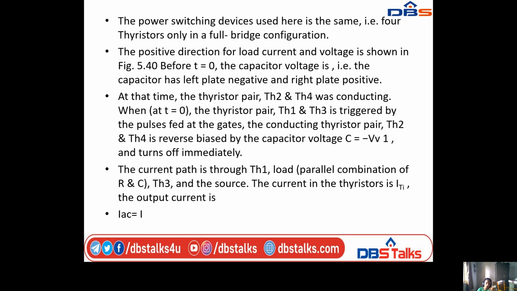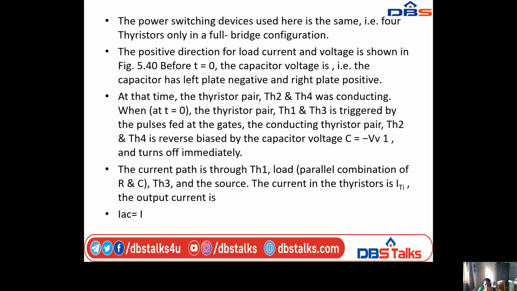So at starting, TH2 and TH4 were conducting. Then at time t equal to 0, whenever thyristors TH1 and TH3 are triggered by feeding gate pulses, TH2 and TH4 will be reverse biased by the capacitor voltage of minus V1 and turned off immediately.